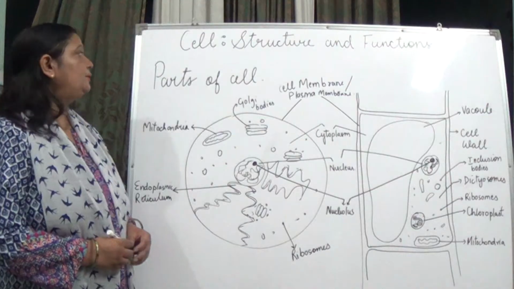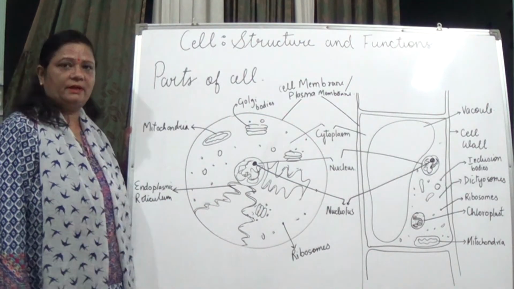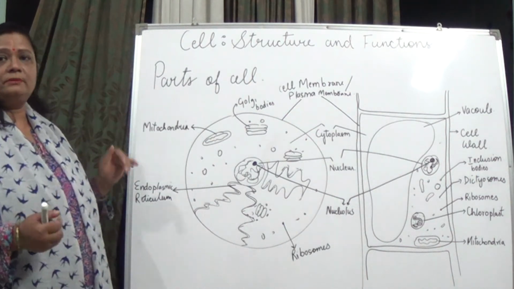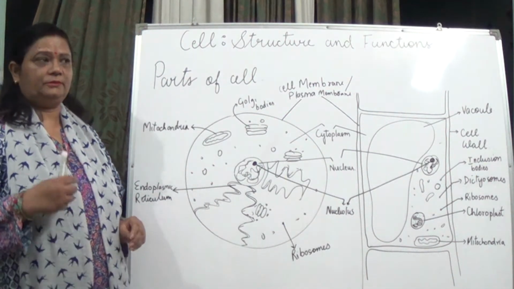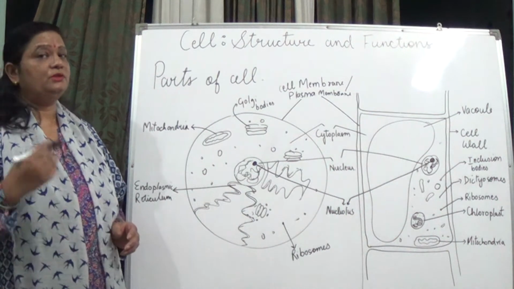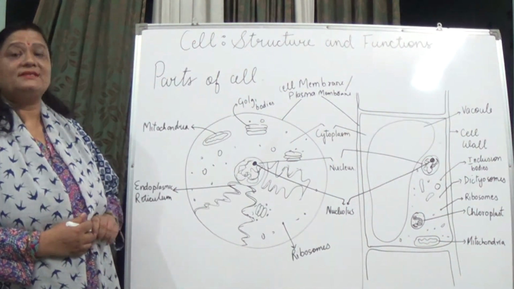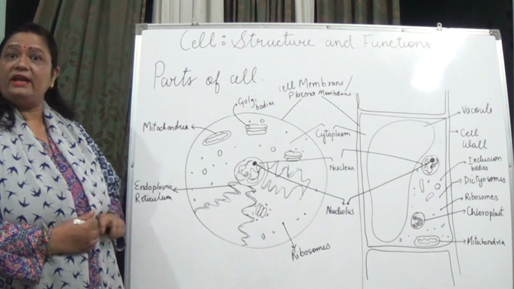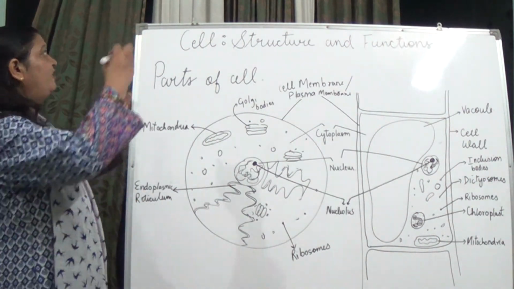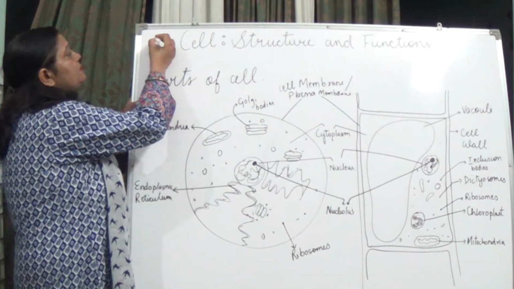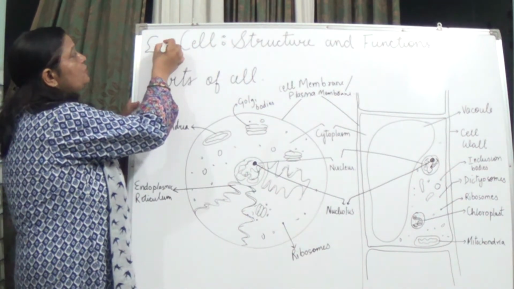Okay, so now before going to the parts of the cell, beta, we must see this amoeba we have discussed, isn't it? It is unicellular, but when we talk about the shape of the cell of this amoeba, it doesn't have any shape. Why doesn't it have any shape? Because it produces what? Pseudopodia.